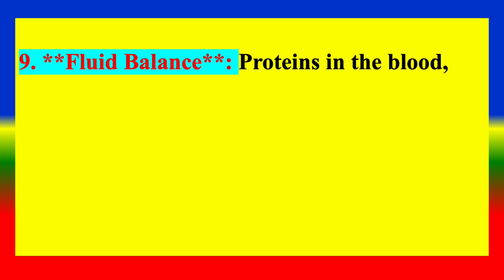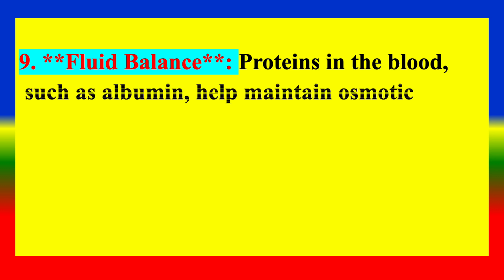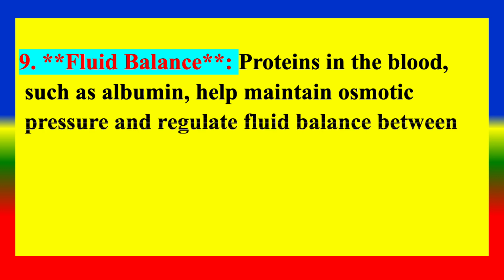Nine, fluid balance. Proteins in the blood such as albumin help maintain osmotic pressure and regulate fluid balance between blood and tissues.